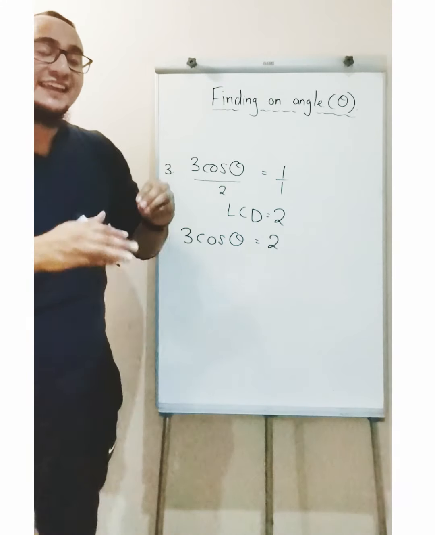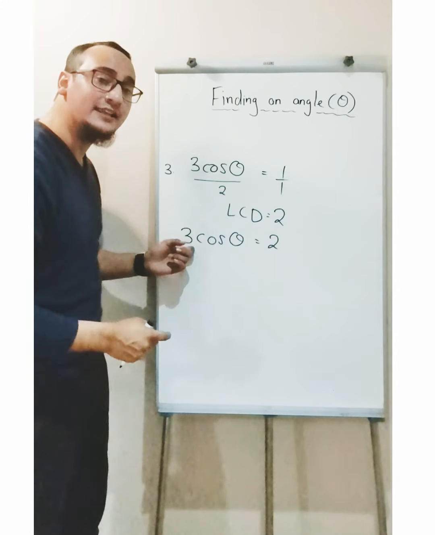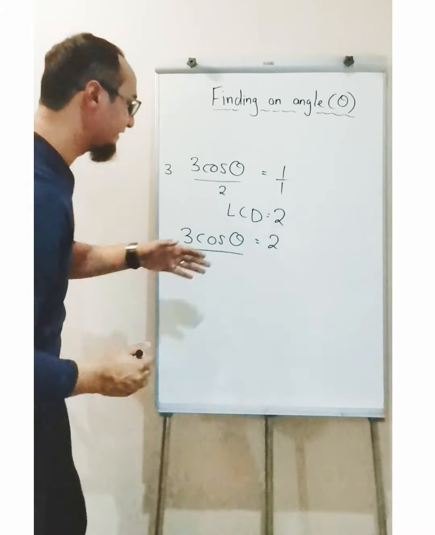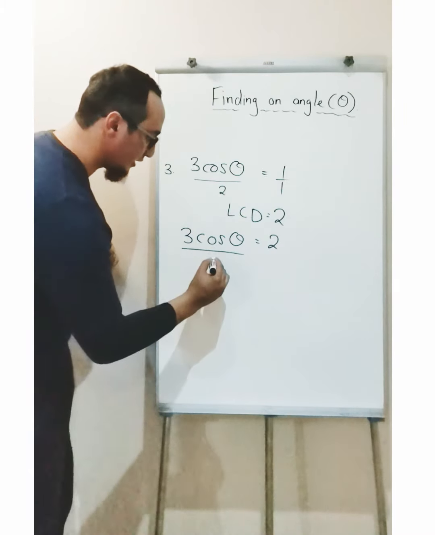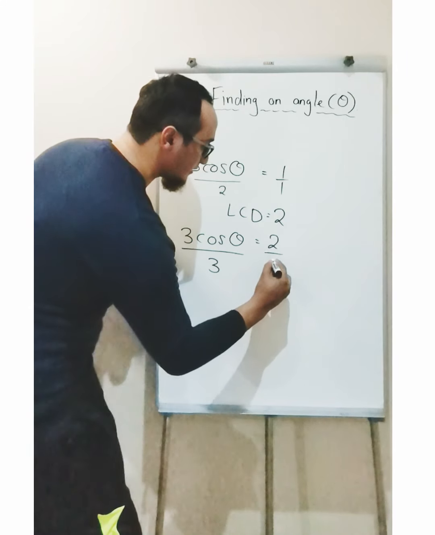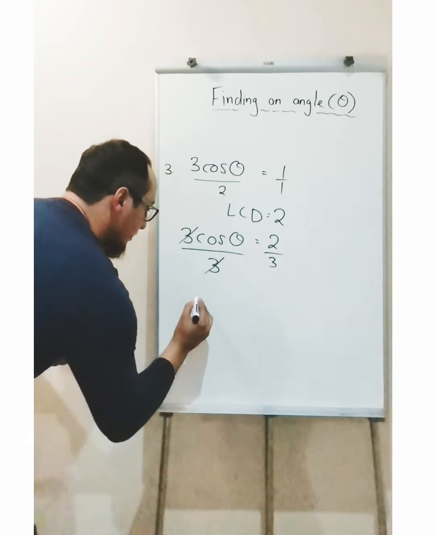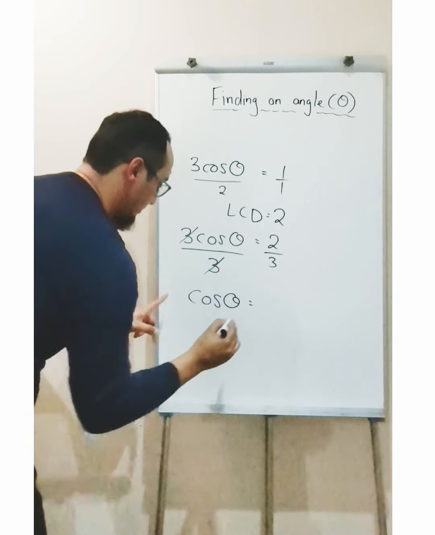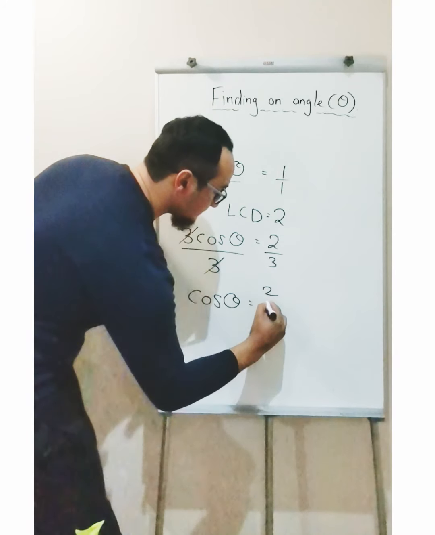So remember, I can only use the second function of cos theta once I get rid of this 3 over here. And how do I get rid of it? I divide by whatever is in front of it, and in this case, there's a 3. What I do on my left hand side, I need to do on my right hand side. So 3 divided by 3 will be equal to 1, and the coefficient of cos theta is equal to 1. 2 over 3 stays 2 over 3.